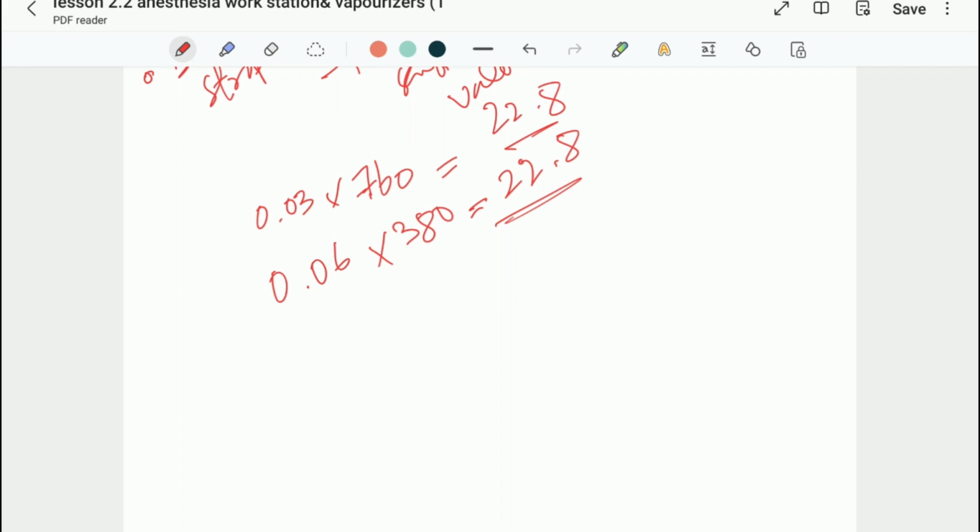Now, it is also essential to understand how altitude affects the gas monitoring equipment. Most modern anesthetic gas and vapor analyzers measure the partial pressure but are calibrated to display the concentration as a percentage based on an assumed sea level pressure, that is 760 millimeter of mercury.